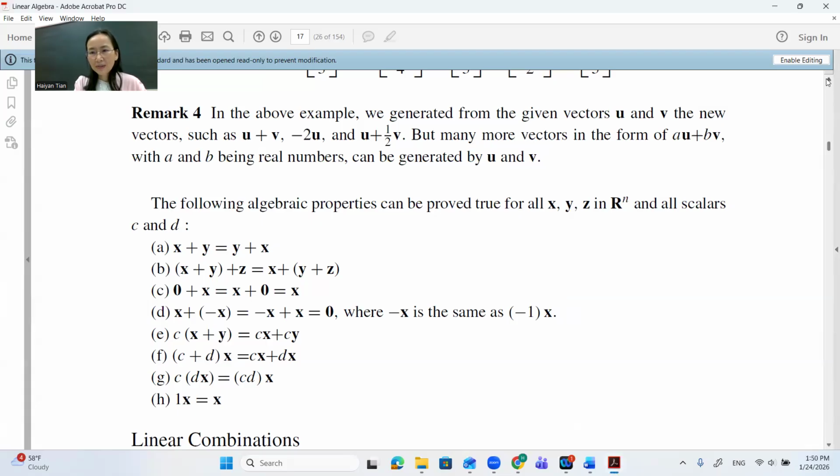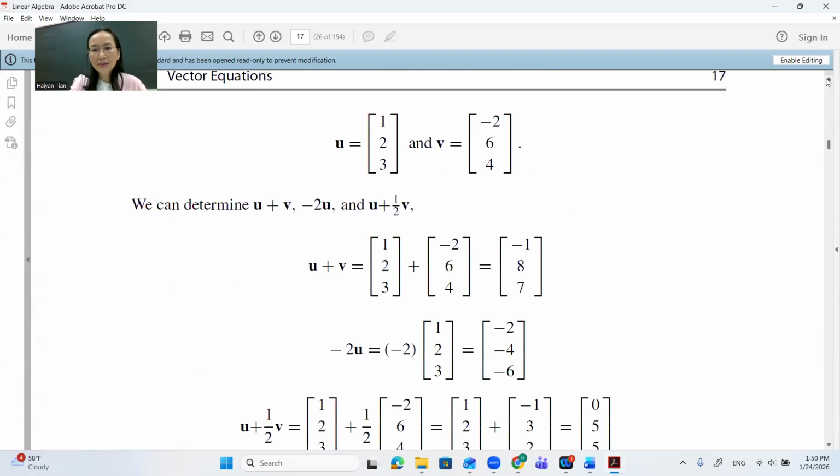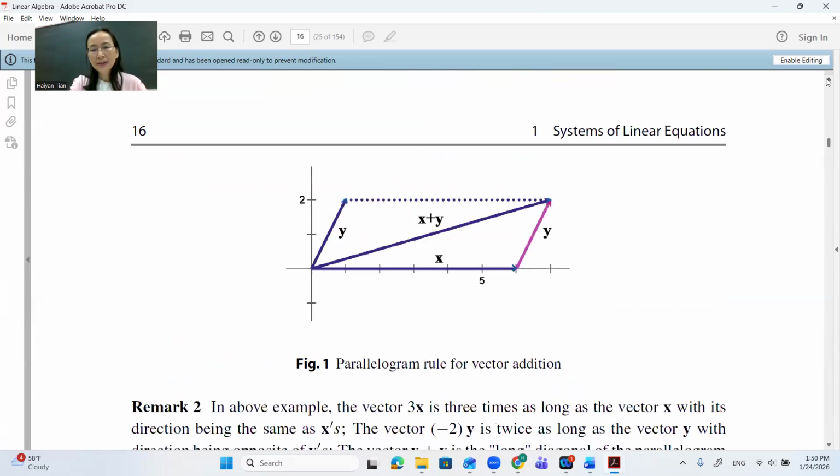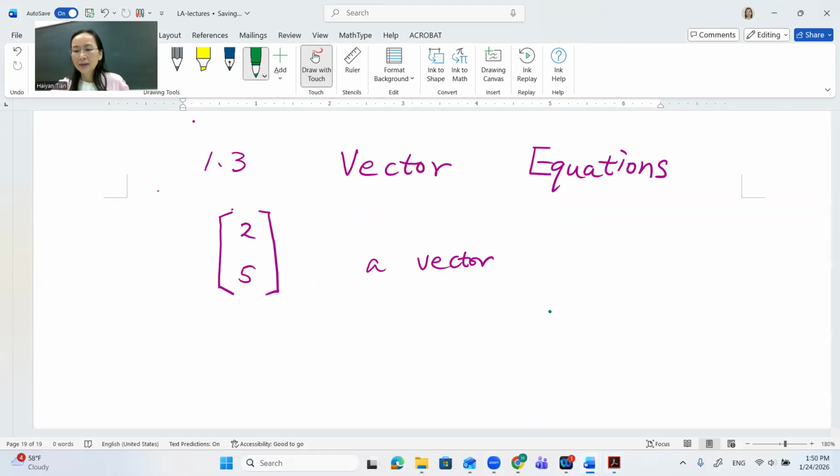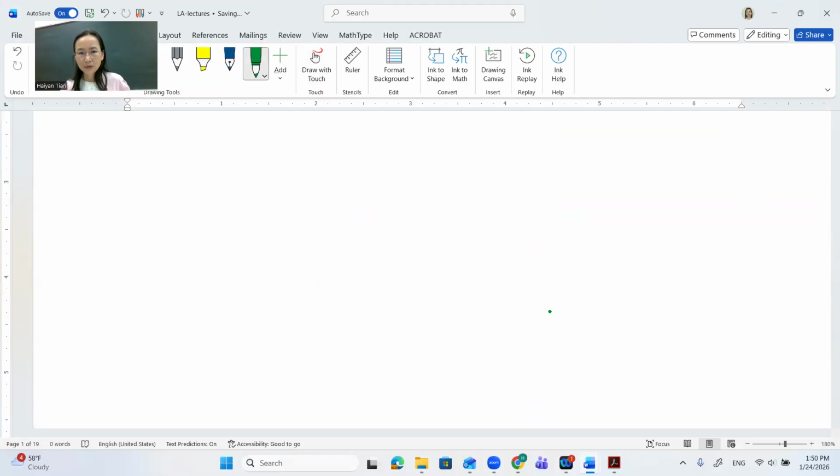Last but not least, I want to remark on this. For example, if I have some operation, let's just try to give an operation.